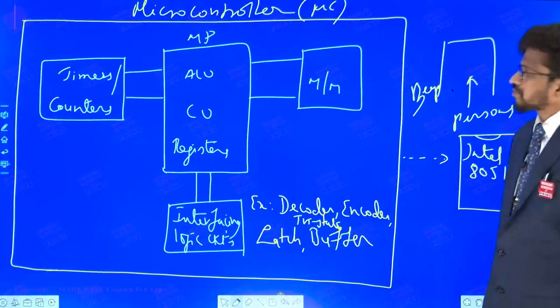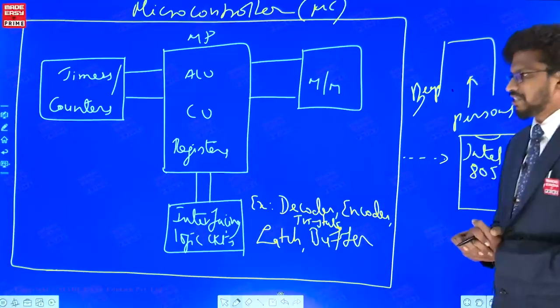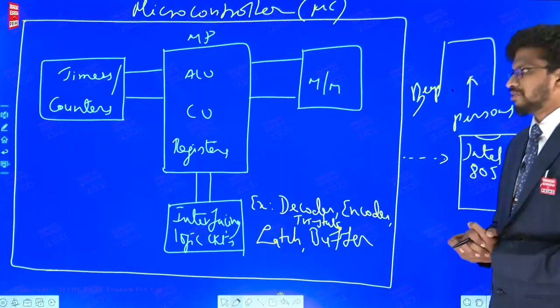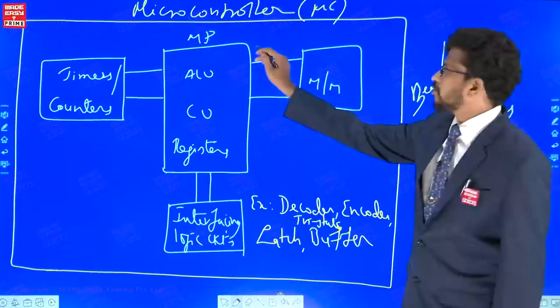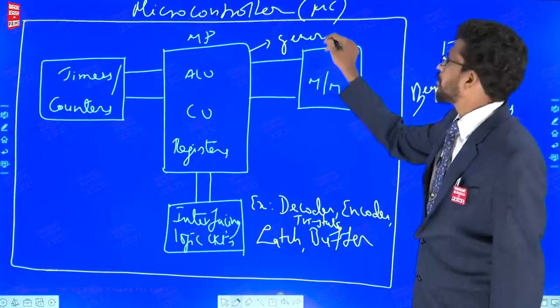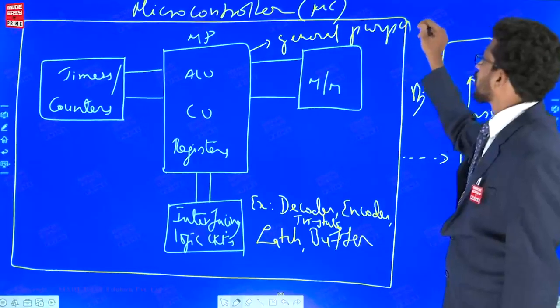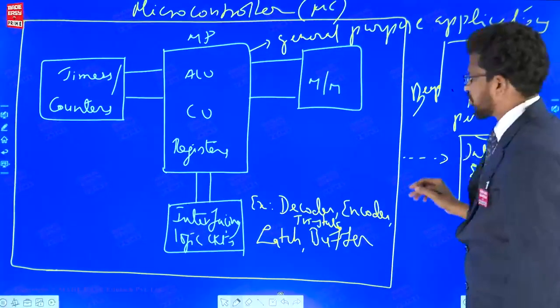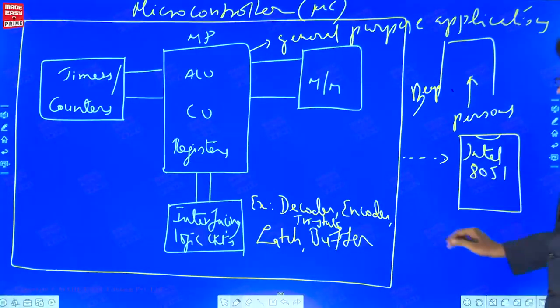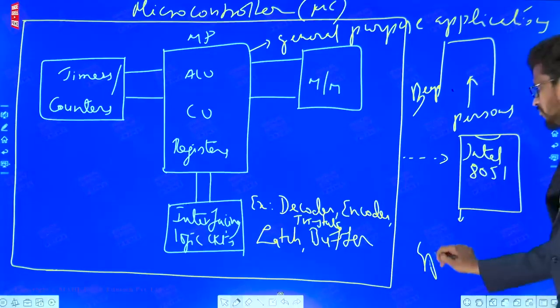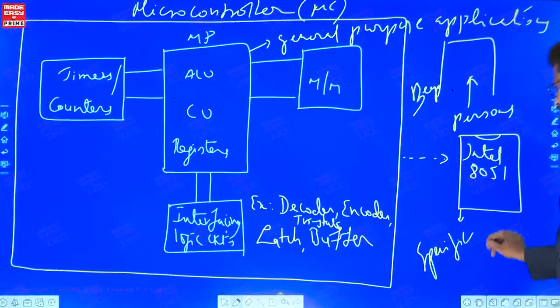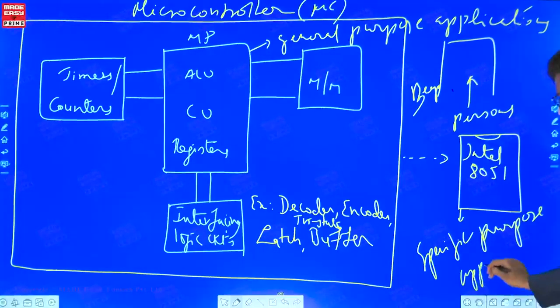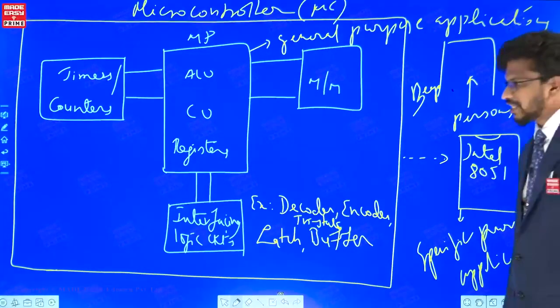Fine. So one most important feature difference between processor and controller is that a microprocessor is meant for general purpose applications, whereas a microcontroller is meant for specific purpose applications. This is an important difference in the features of processor and controller.